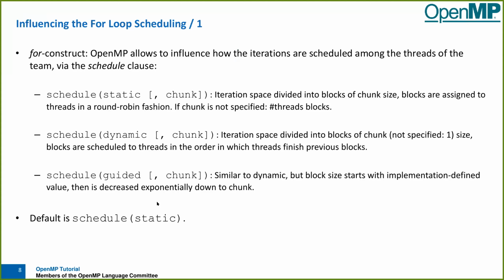So they are decreased exponentially down to the chunk size that is specified, meaning 1 by default. So it could be better because in some cases you have in total less chunks to distribute, which means a little bit less overhead in the OpenMP runtime. But in many cases, there's only little performance difference between dynamic and guided. Little meaning so little that it's hard to measure. The default on all implementations is schedule static.